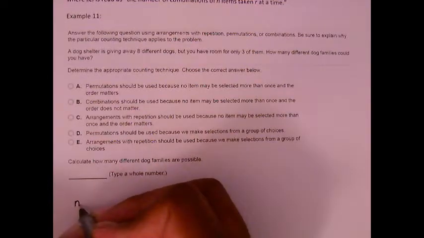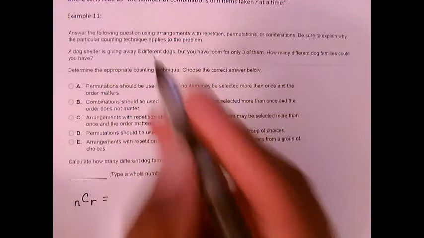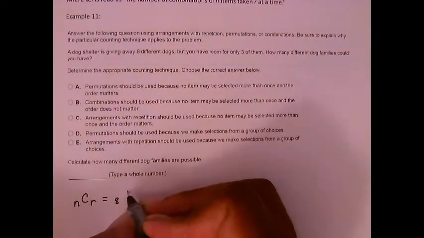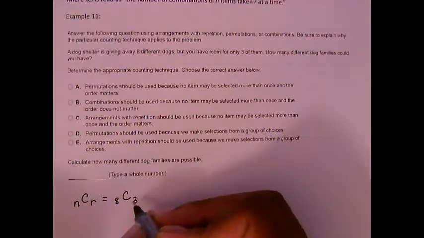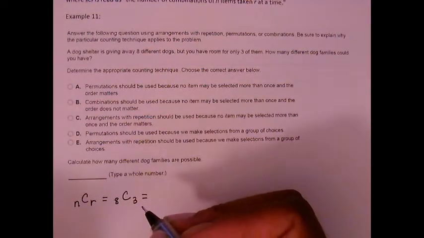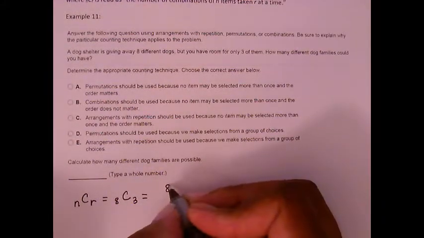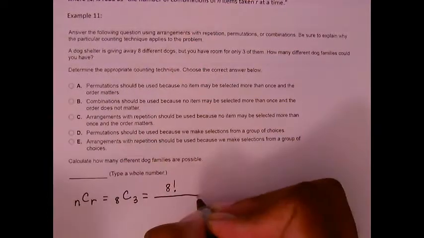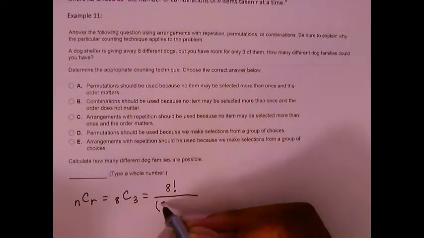I'm going to do this at the bottom. So the nCr, your n is going to be 8 different dogs, so that's going to be 8C, and you only have room for 3 of them. That's your r, 8C3. So in this case here, this will be n factorial. Your n is 8, that'll be 8 factorial, divided by n minus r. n is 8, r is 3.